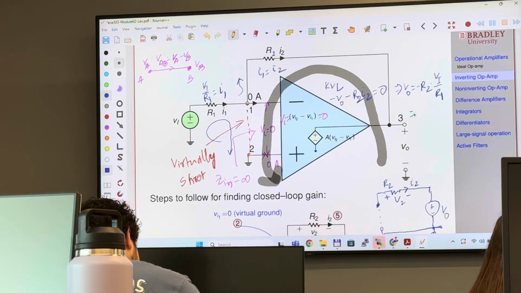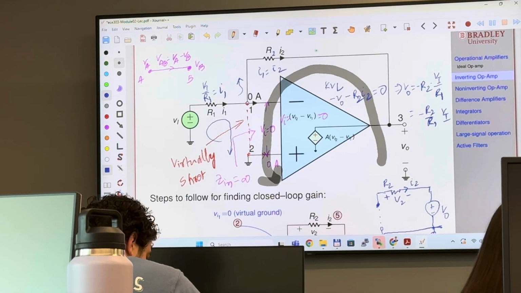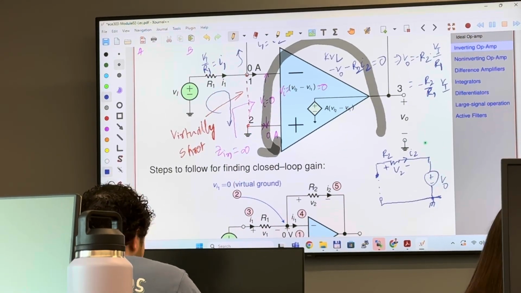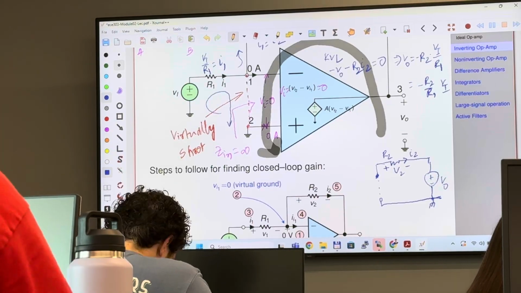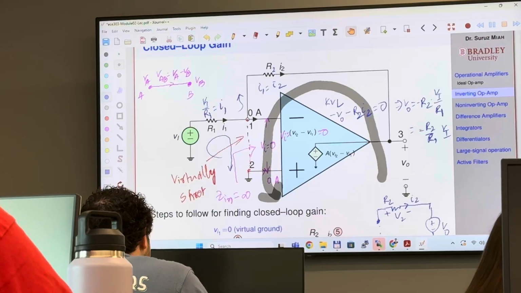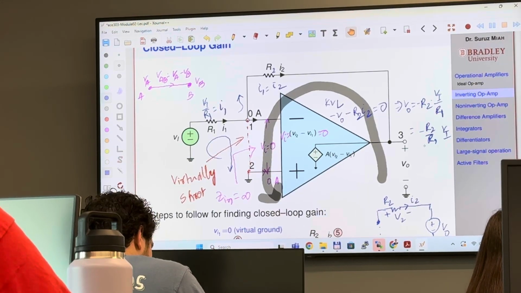So which is basically negative R2 over R1 times VI. So we are able to write the relationship between output voltage and input voltage.